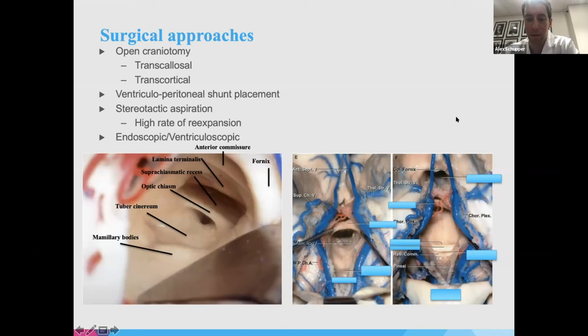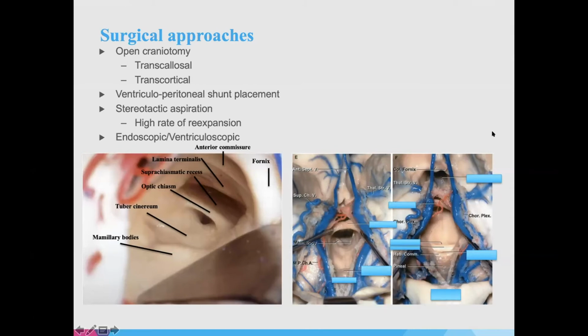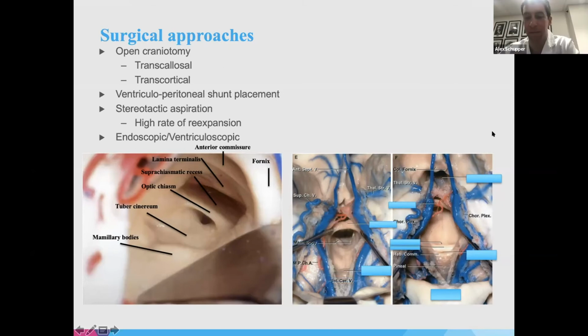Okay. And how about these bigger veins back here? Those would be the internal cerebral veins. Awesome. Yep. So these are paired internal cerebral veins. Right here, we have the posterior commissure. It's kind of hard to see.